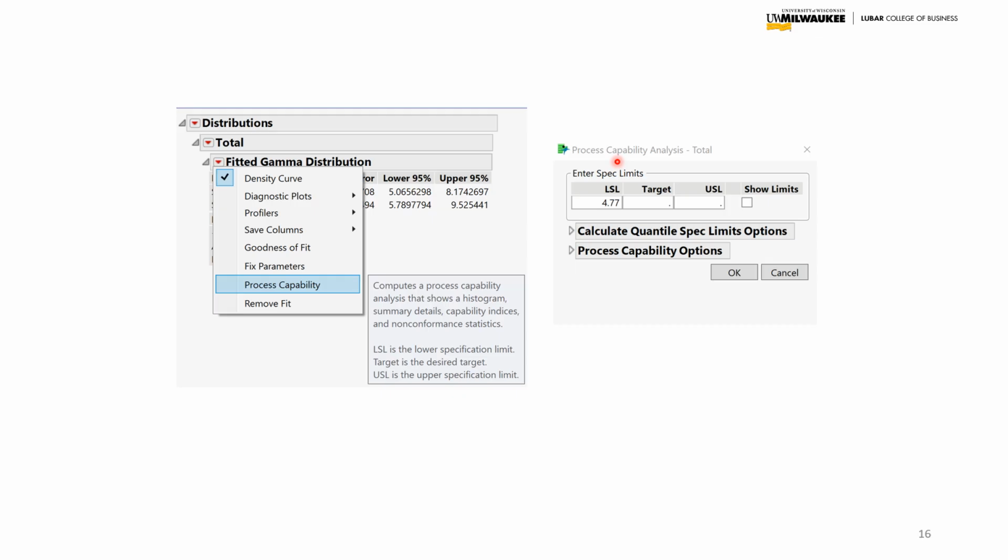What is that? Well, the average snow total for Milwaukee over the 100 plus years is 47.7 inches. I'm taking 10% of that, which is 4.77, and asking JMP to tell me what is the estimated probability that snow total will be less than 4.77.